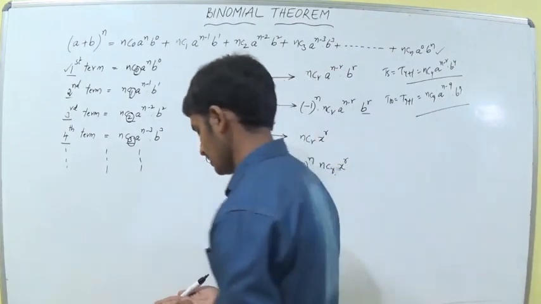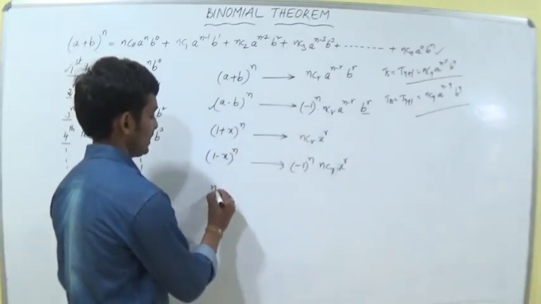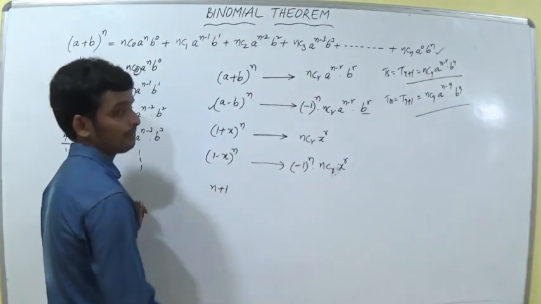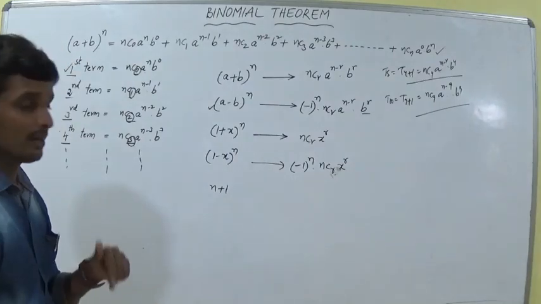We are using the formula for that. The degree of a binomial expression is n, then it has n plus 1 terms.